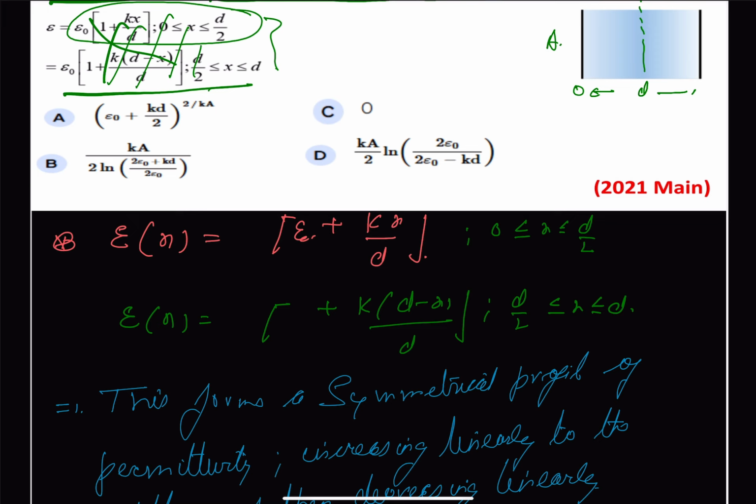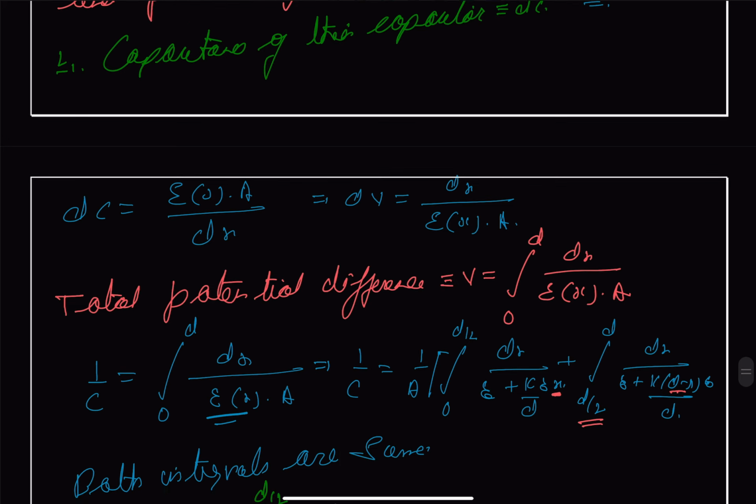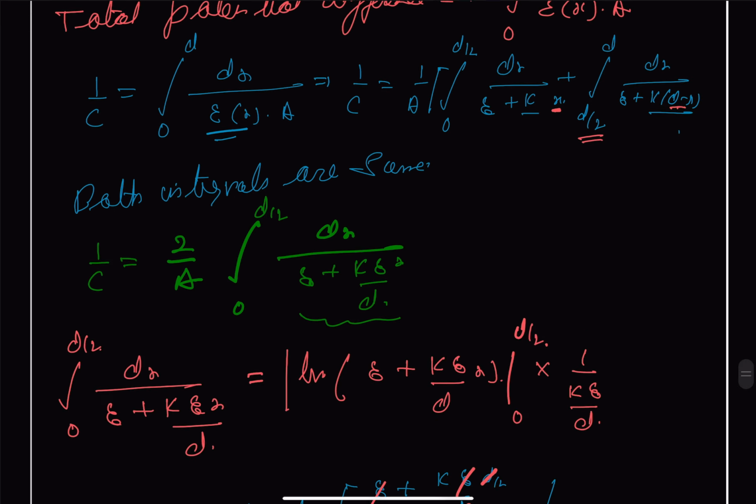And in the denominator there is no d. Therefore here also there is no d, here also no d, no epsilon naught, here also no epsilon naught, no d. Now it is making some sense.